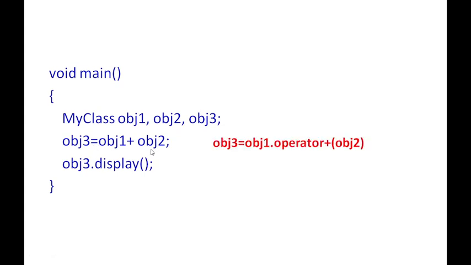Now when I execute the program for the statement obj3 equal to obj1 plus obj2, the compiler will treat it as obj1.operator+(obj2). So obj1 is the one invoking that operator function, which means its members are accessed automatically. But for the second operand, which is obj2, we need explicit reference using the name of the object.